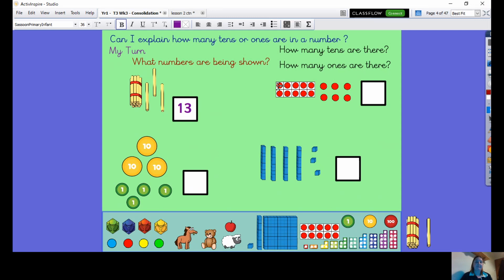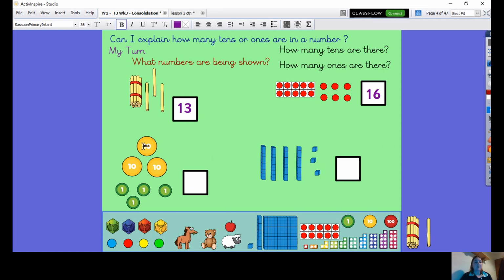Let's come over here. So here I've got 1 tens frame of 10, and I've got 1, 2, 3, 4, 5, 6 ones on their own. So I know that I have 1 ten, which is 10, and 6 ones makes 16. Okay, let's have a look over here.